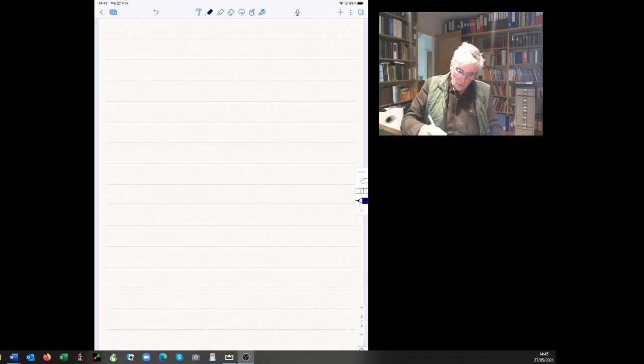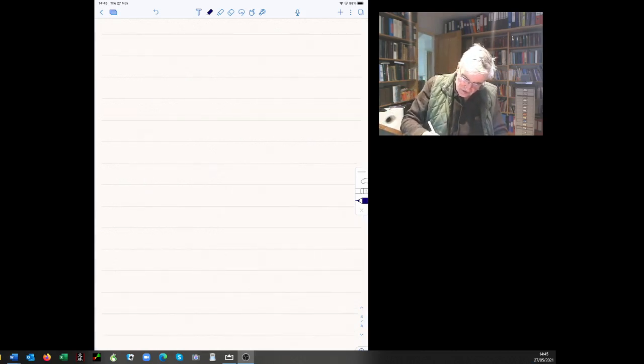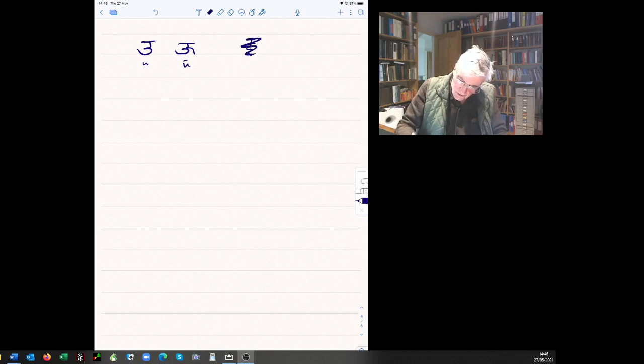Now the U is rather simpler. That is the short U. And the long U, again, is a little hook down there, as we saw with the I: I short, I long, and A short, A long.